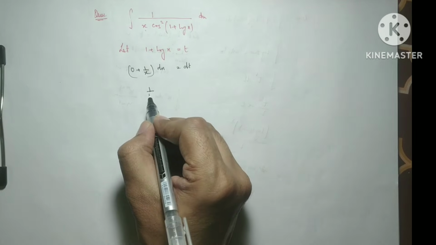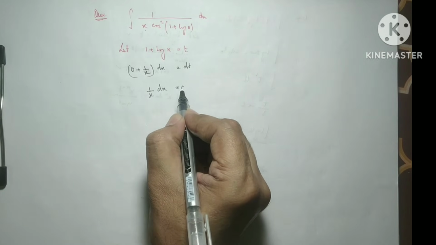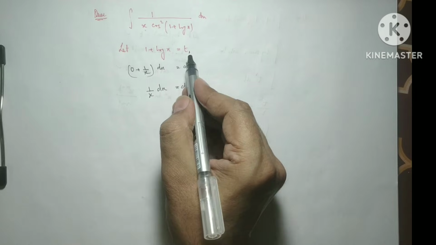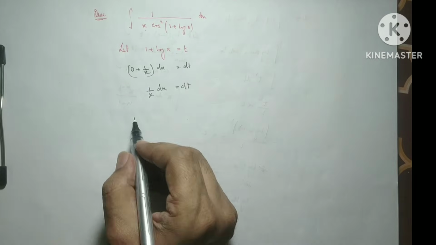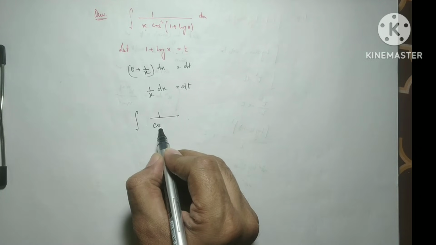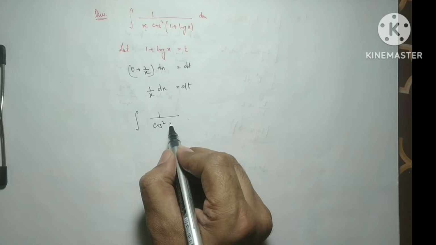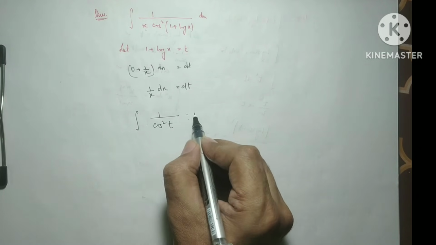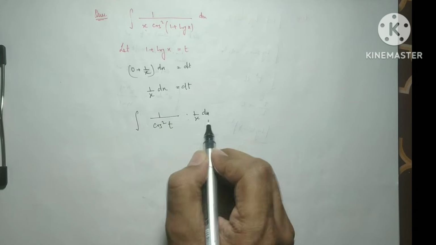So we have 1 over x dx as dt. So we put these two values in this given expression. That becomes 1 over cos square t, and this is 1 over x dx.